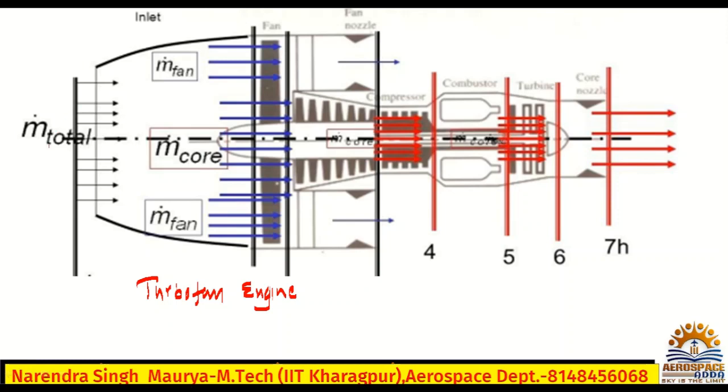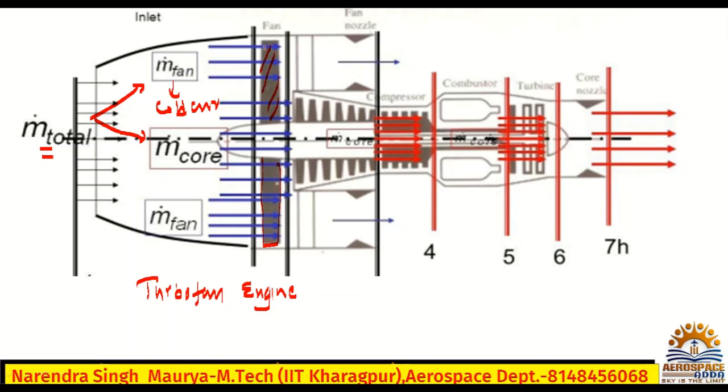Check, this total air is basically divided into two parts. One is fan, another is core. Fan means that cold air. I told you, cold air. So this part here is the fan.